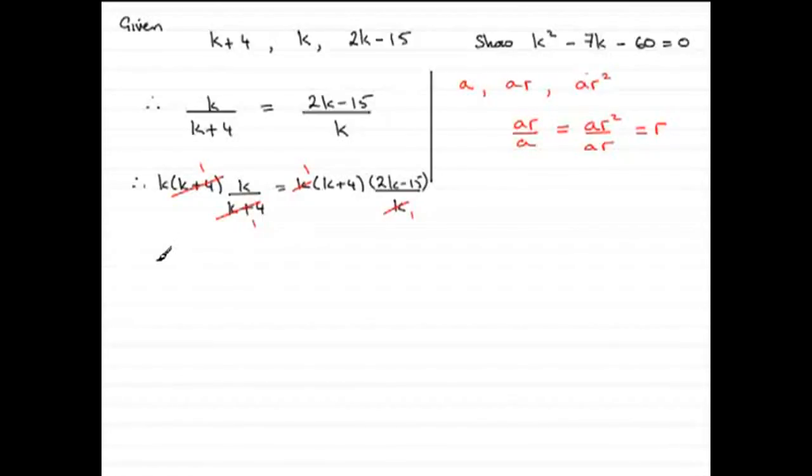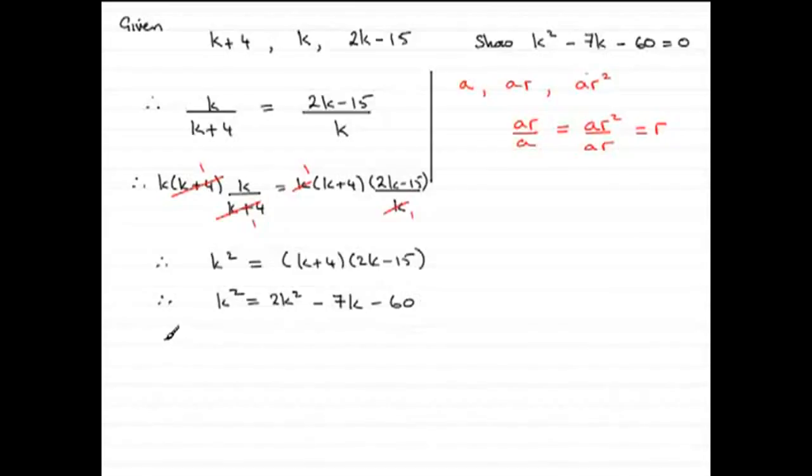and so if we put that in brackets there, all we need to do is just expand this, and we get k squared equals, and then we have k plus 4 multiplied by 2k minus 15. And so expanding the brackets, we get k times 2k, 2k squared, and then k times minus 15, minus 15k, plus 8k here gives me minus 7k, and then 4 times minus 15 is minus 60.